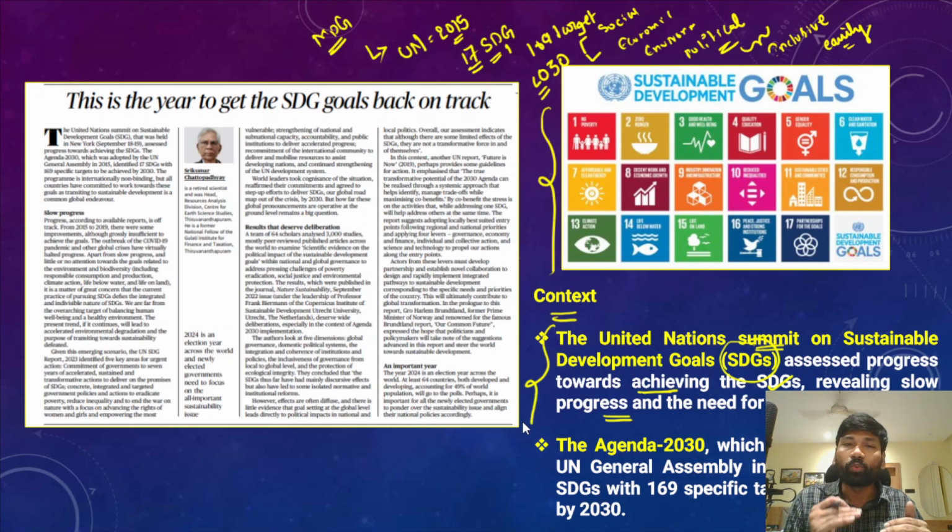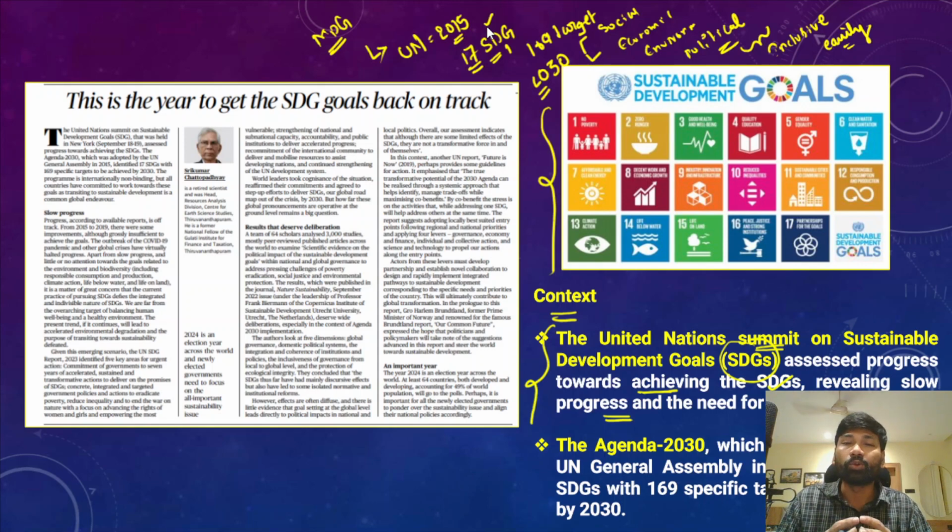Therefore, we require urgent action to keep every country on track to achieve these goals by the year 2030, because we are already in 2024 and there are still 6 more years left. However, if you look at these goals, they are more ambitious.